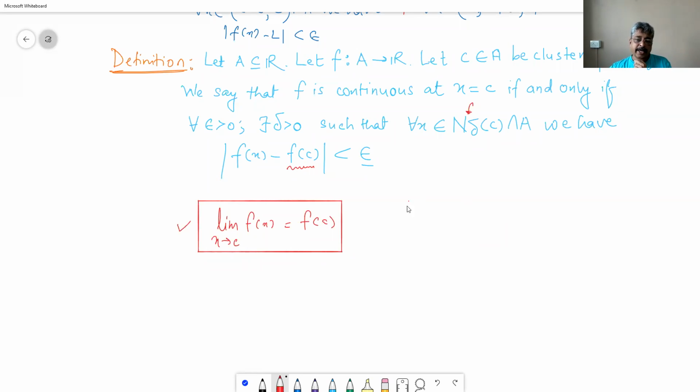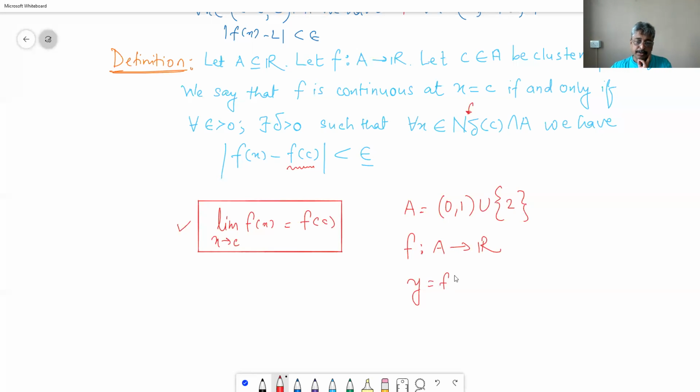Suppose I have a domain A is equal to [0, 1] union {2}, and I define function f of x from A to R, and let me define function also.